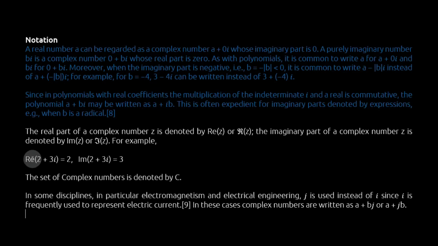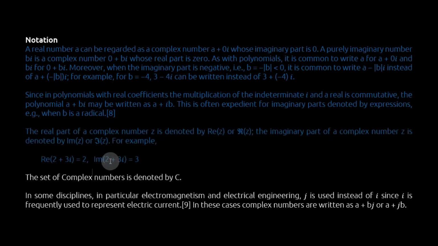Meaning, if you find something like this, Re in brackets, the complex number, they are looking for this real part. They want this part. If you find Im, which is imaginary, they are looking for this part without the i. They are looking for the 3. So it's still the way this number behaves. They're still describing the complex number.